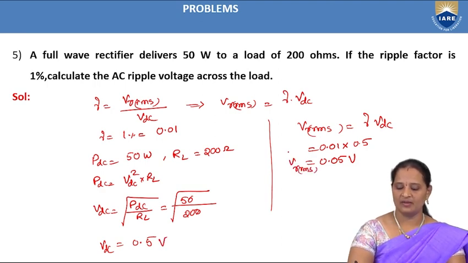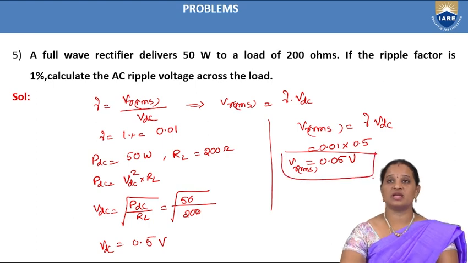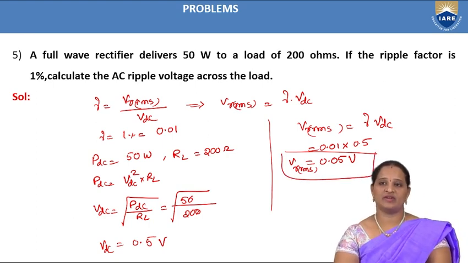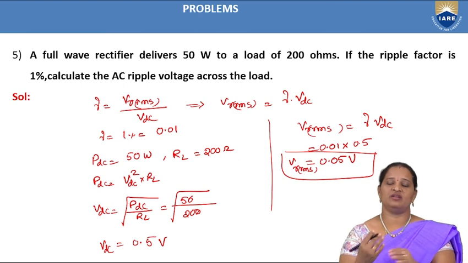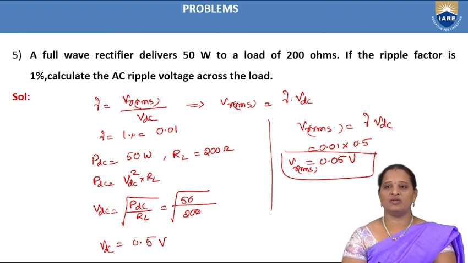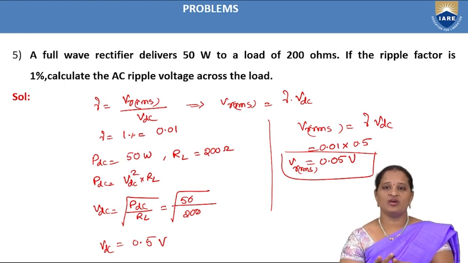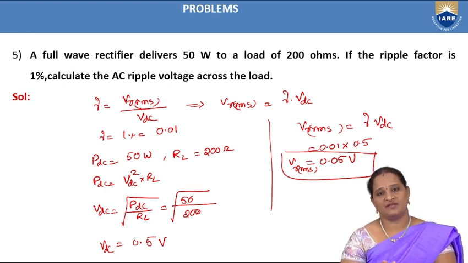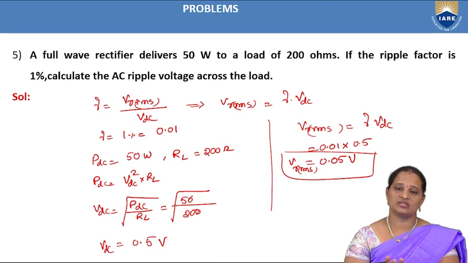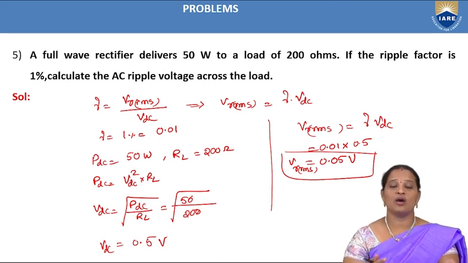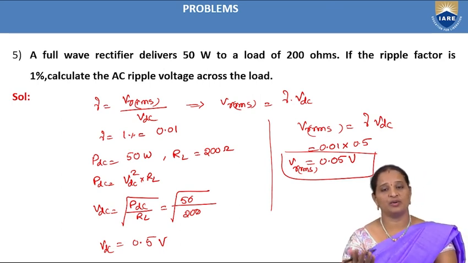So these are all the different kinds of problems that may be asked on the full wave rectifier. That means by giving different parameters, he will be asking us to find the various characteristic parameters of a full wave rectifier, like efficiency, ripple factor, or else the DC output voltage across the load, or else the peak to peak ripple voltage.